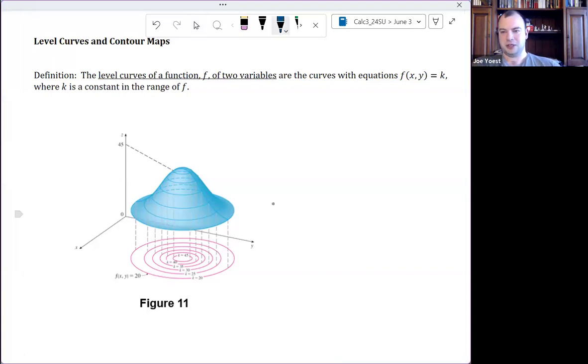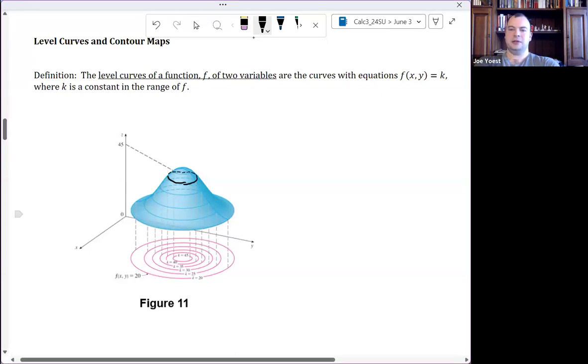So in this case, it looks like these are circles. So for instance, on this circle here, it seems like we have height 45 along that entire curve. So there's a circular curve in 3-dimensional space that's on this surface and also has height 45.